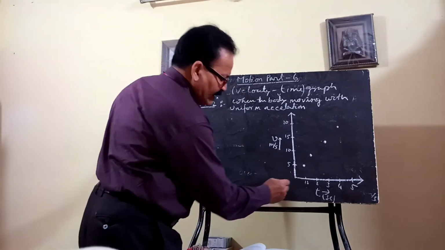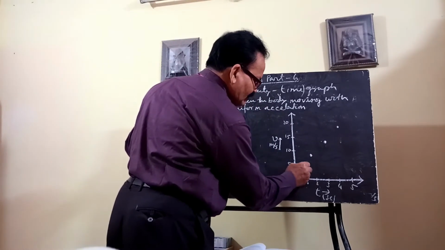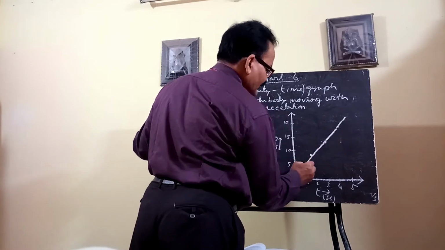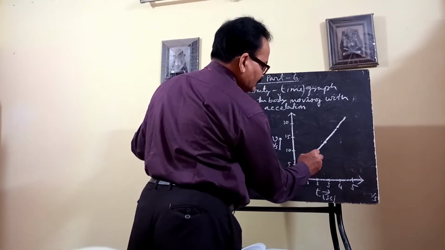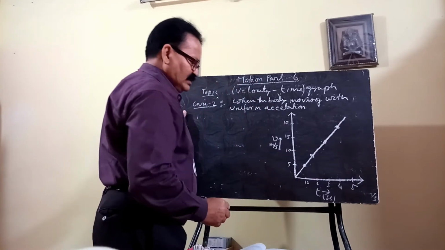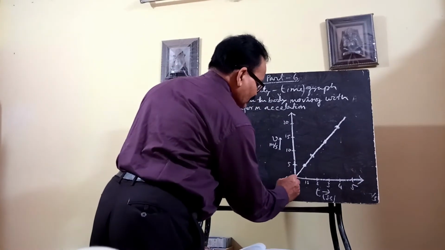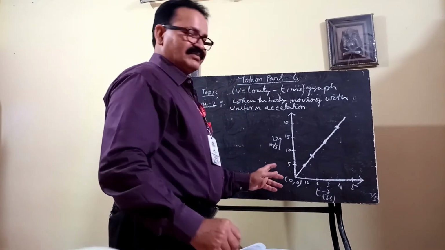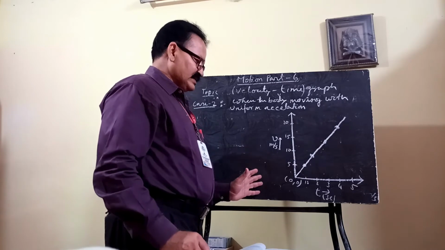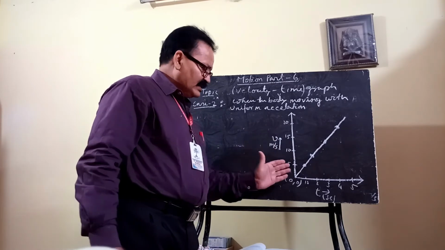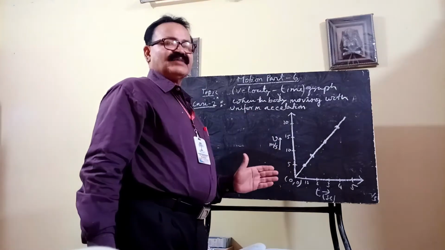So if we join all these points, you will see this is a straight line. These are the points that we have joined. So this is the velocity time graph when the body is moving with uniform acceleration, because here the velocity increases in equal intervals by equal magnitude.